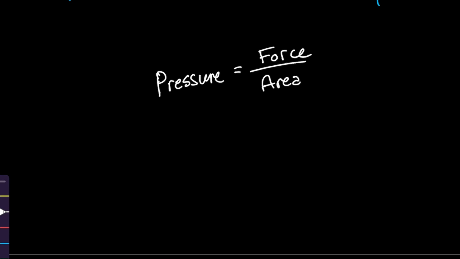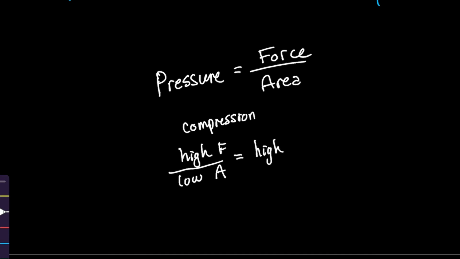Pressure is given by the force over the area. So if we make the area small, the force is going to be higher because there are more collisions, which is the area of compression that we're considering, right? So in the area of compression, high force, low A, this results in a high pressure.